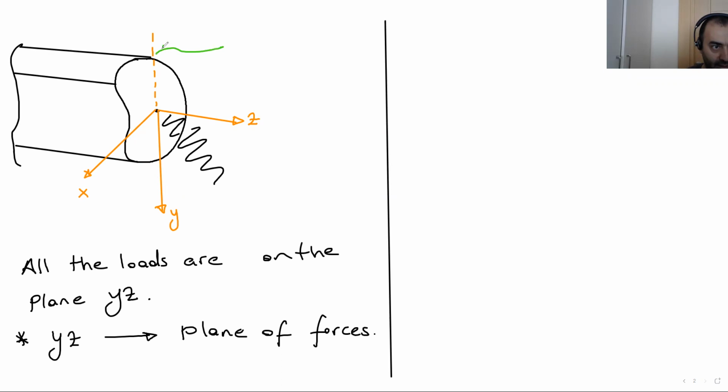This line goes all the way from top to bottom. We have a plane which coincides with the section, this plane. We call this line the line of forces. Okay. Line of forces. In Turkish, kuvvetler çizgisi.